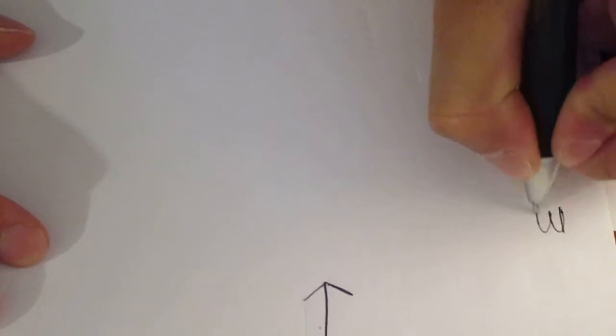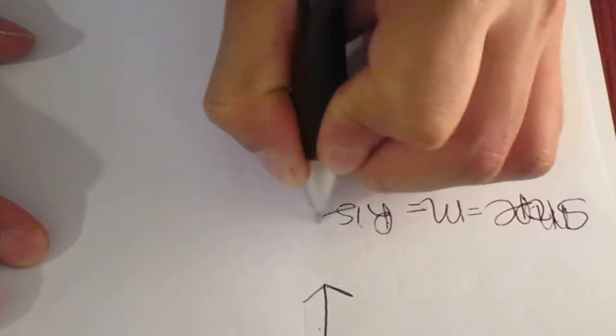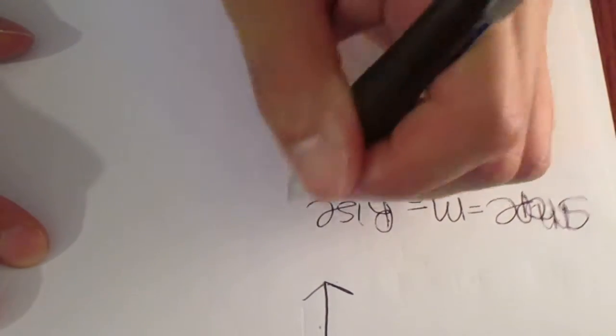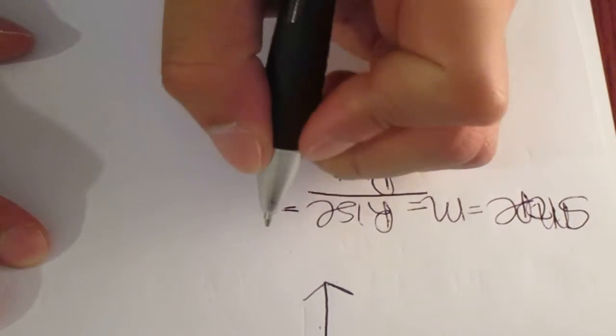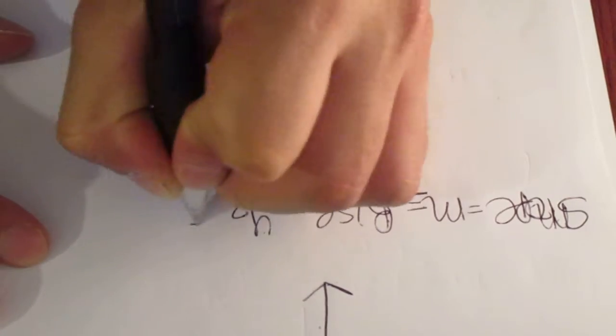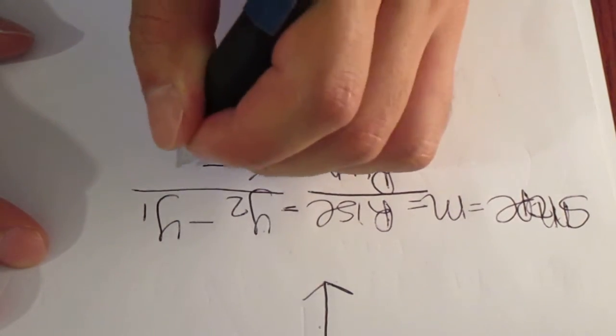So let's look at the slope. The slope for the linear function is m, or it's rise over run, or here's the equation: y2 minus y1 over x2 minus x1.